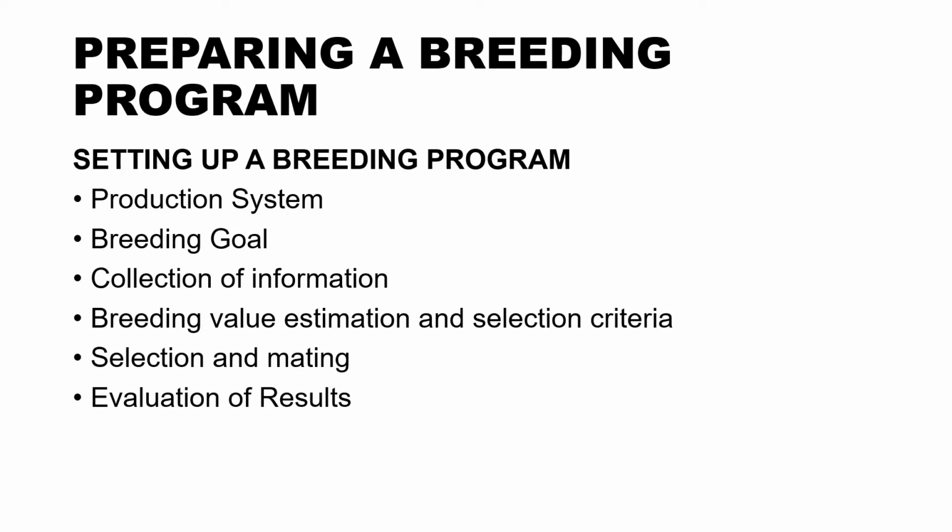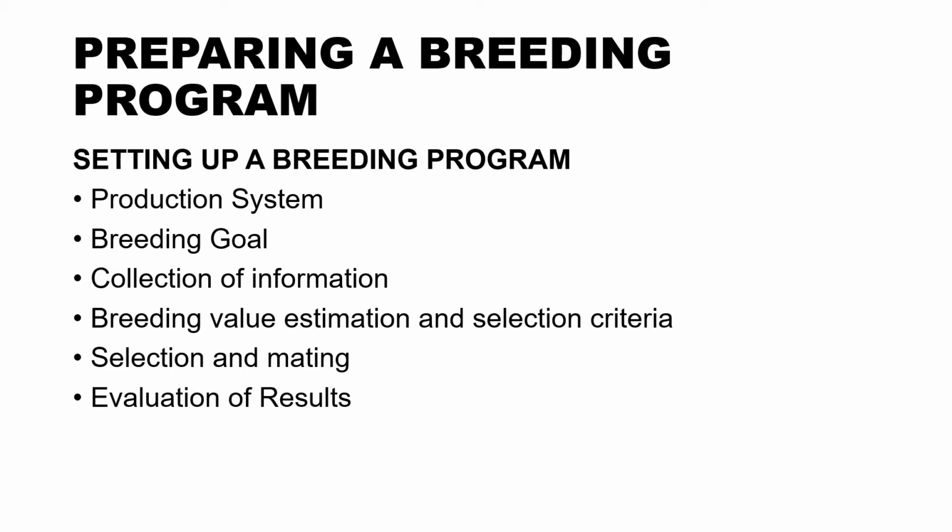Then for the collection of information, after you know yung breeding goal mo, dapat you have relevant information. So, yung mga information in relation doon sa traits ng animal, doon sa mga phenotypes nila, sa characteristic nila.